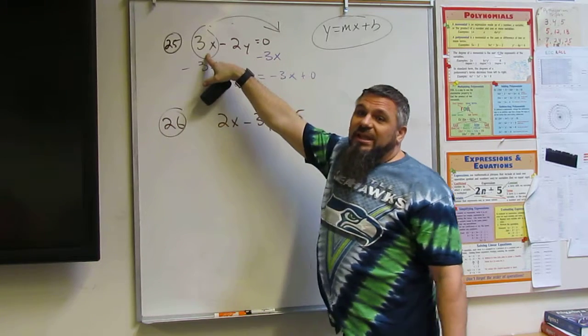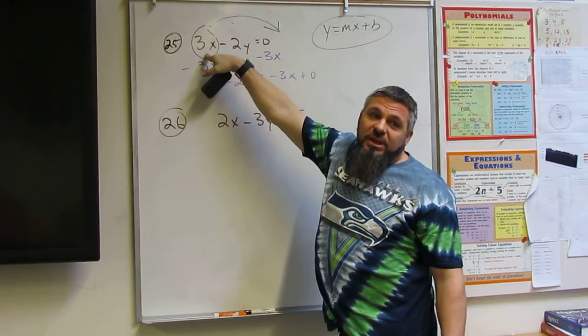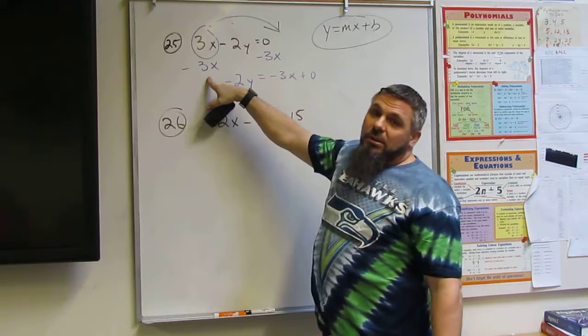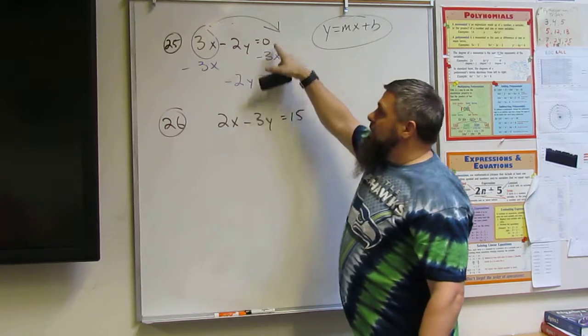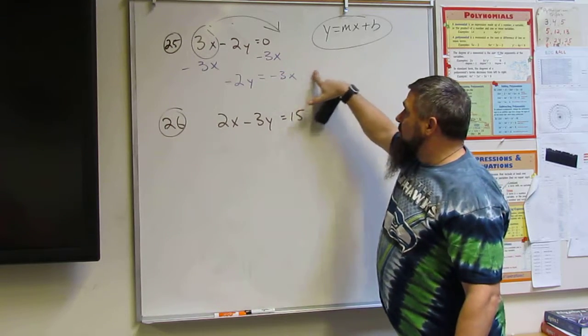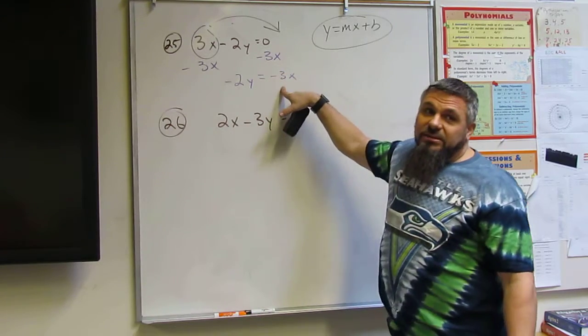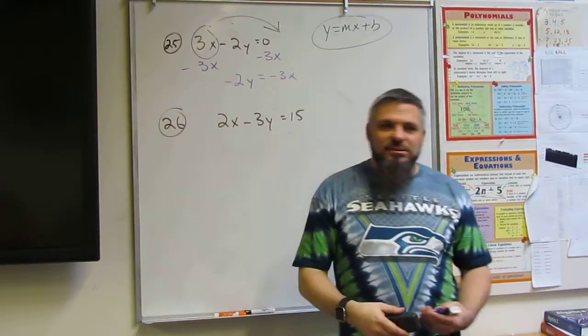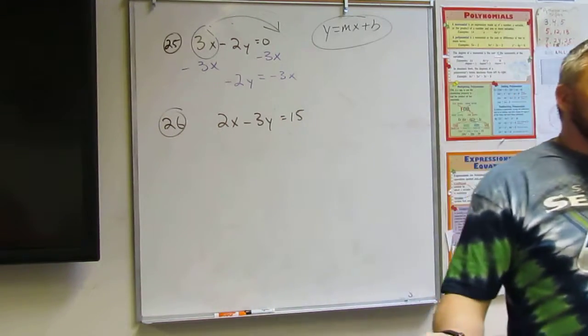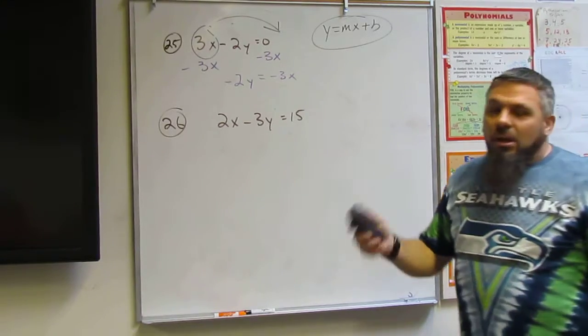So move it by doing the opposite. What's the opposite of plus 3x? Subtract. What I do to one side, I do to the other. Okay. What's 0 minus 3x? Minus 3x, right? So you could have 0 minus 3x, but it's still going to be minus 3x. It's 0.